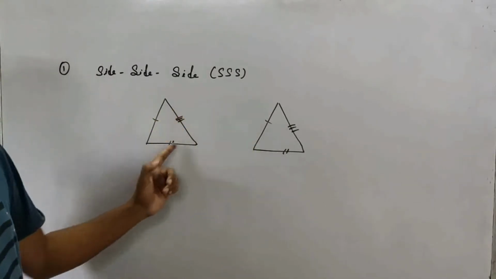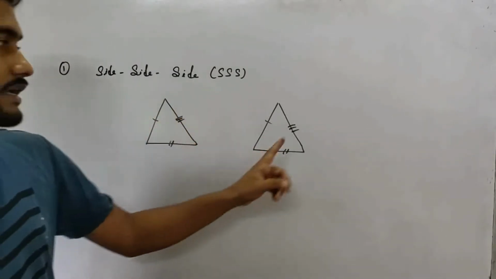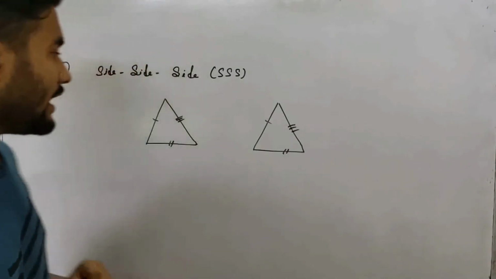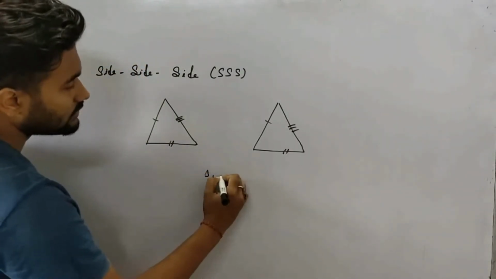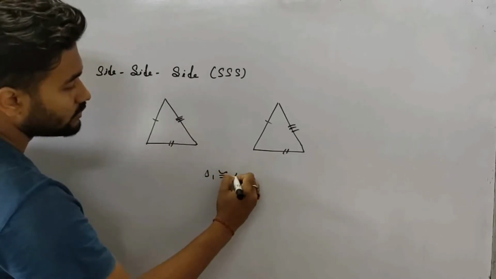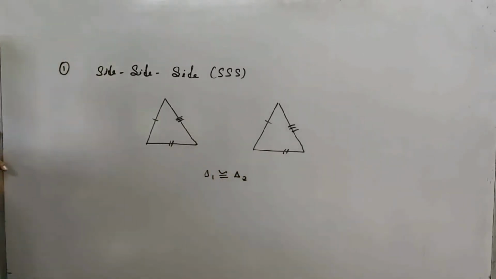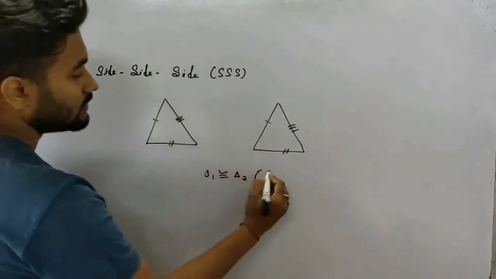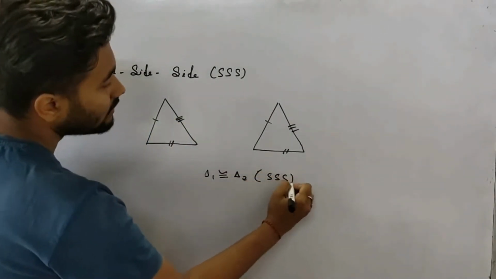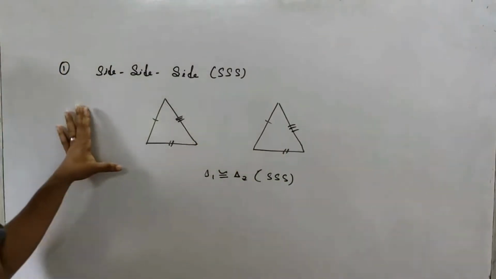Then I can say that triangle 1 is congruent to triangle 2 by side, side, side. So this is your SSS property.